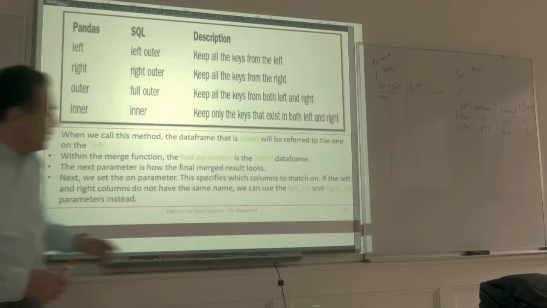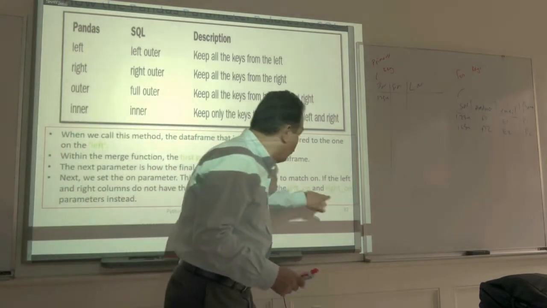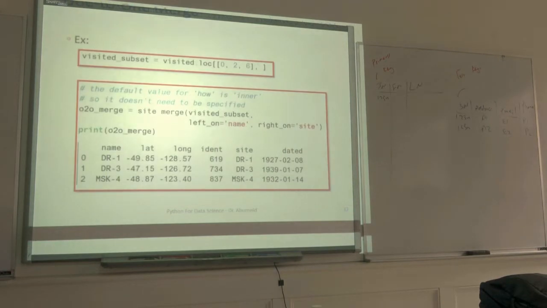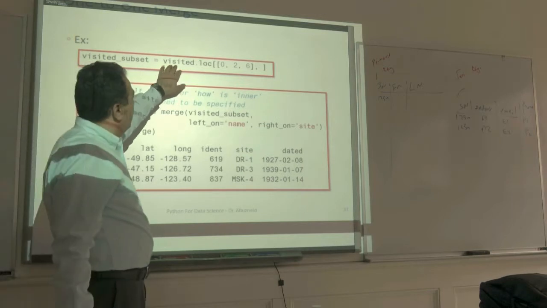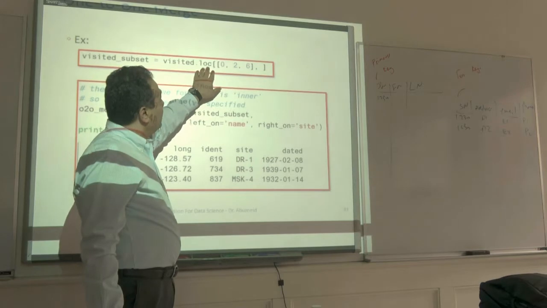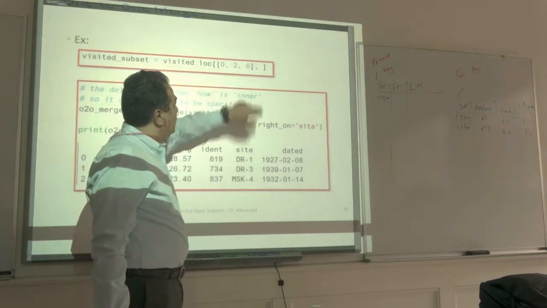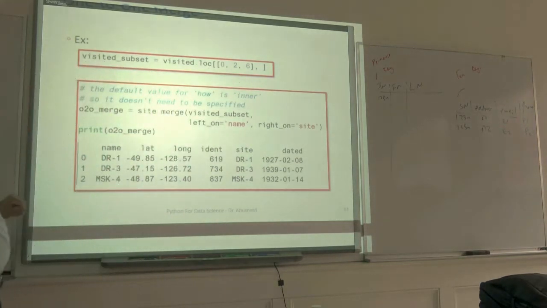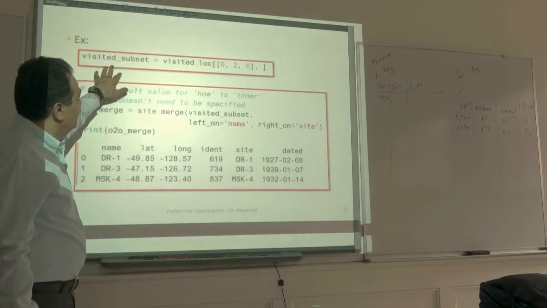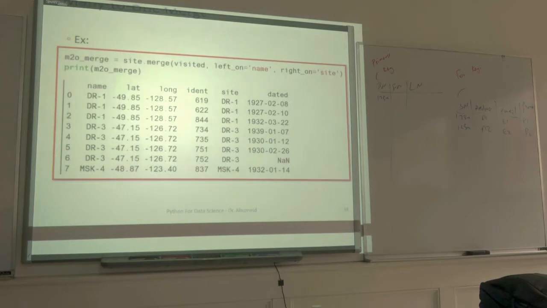And of course, we're going to use left_on or right_on. When we look at the visited, we're printing the locations 0, 2, and 6, and we save it in a visited subset. So refresh your memory, where is that visited?